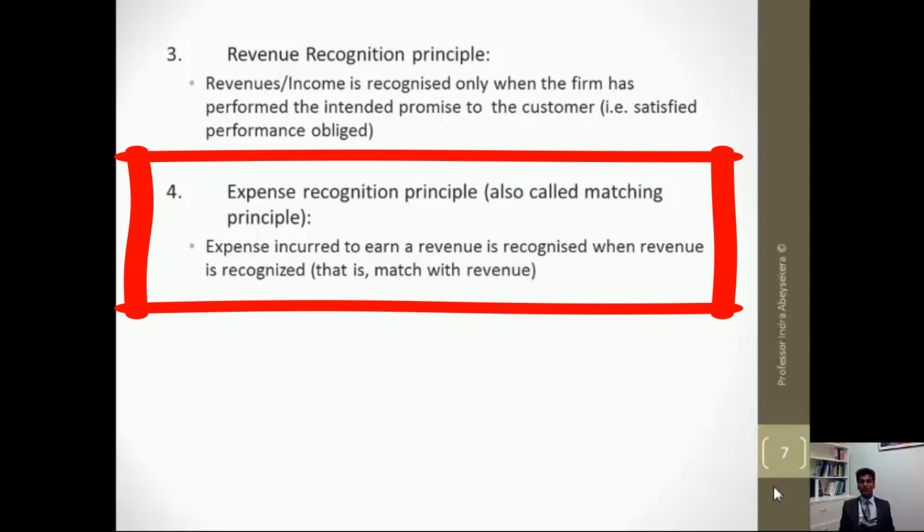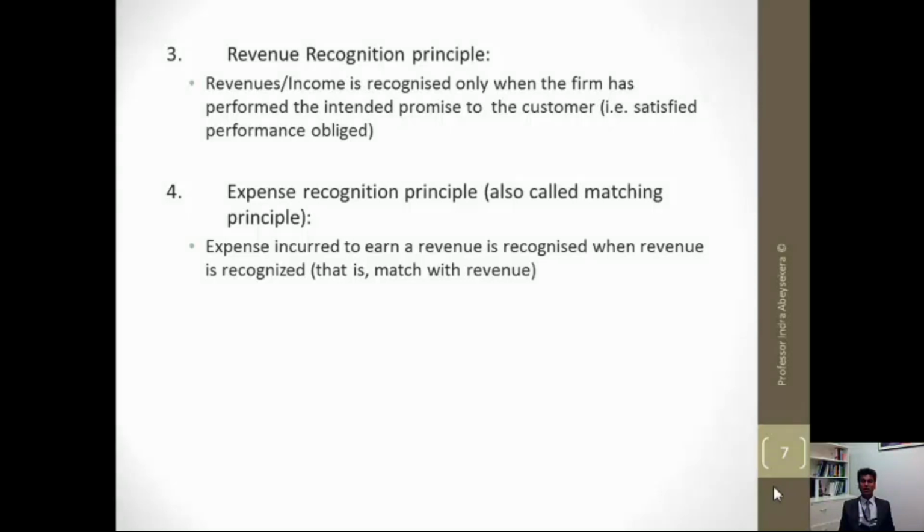When the revenue is recognized, whatever expenses that were incurred in earning that revenue, that income, are being recorded at that time. So it follows the revenue recognition principle, and that is called the expense recognition principle. So there are 4 principles.